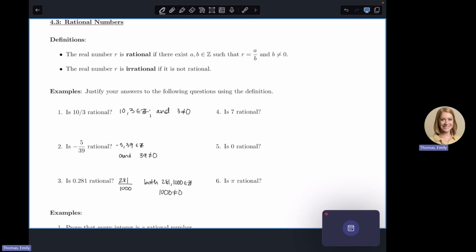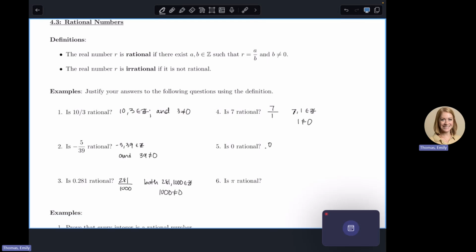Is 7 rational? Yes. Why? Right, 7 over 1. 7 and 1 are both integers, and 1 is not equal to 0. How about 0?